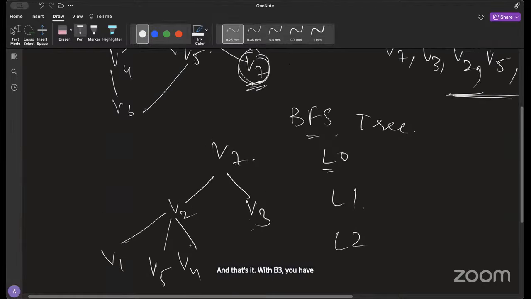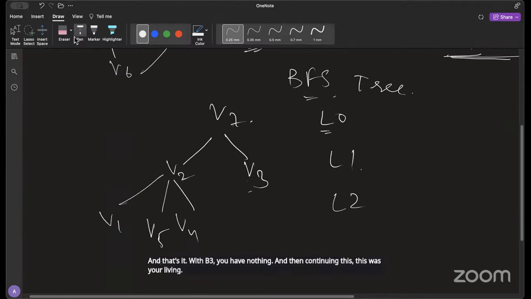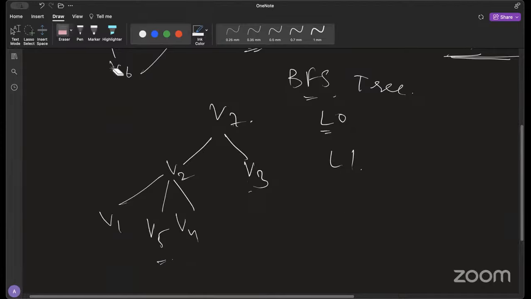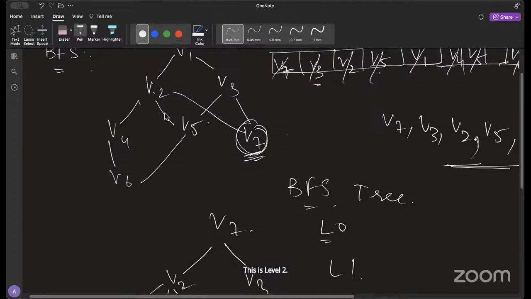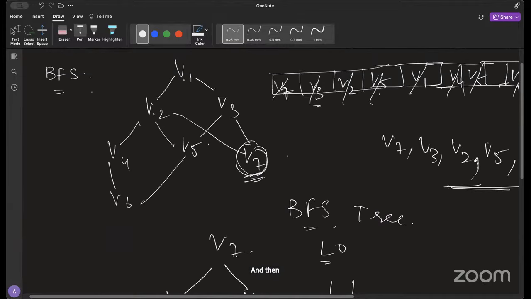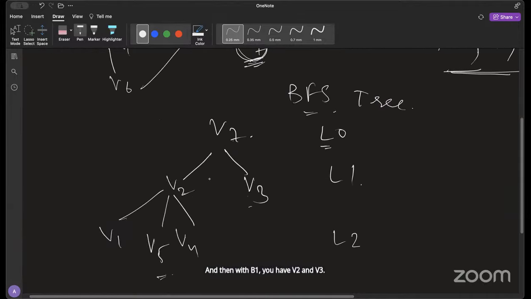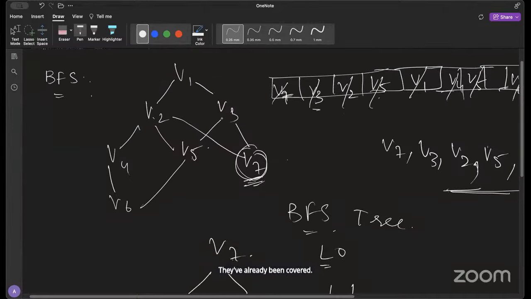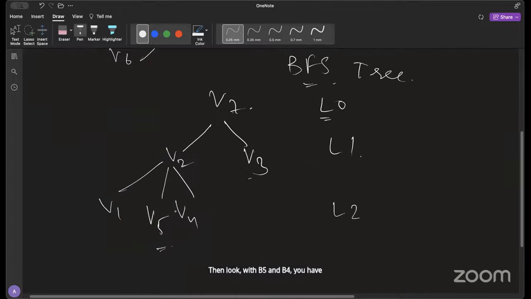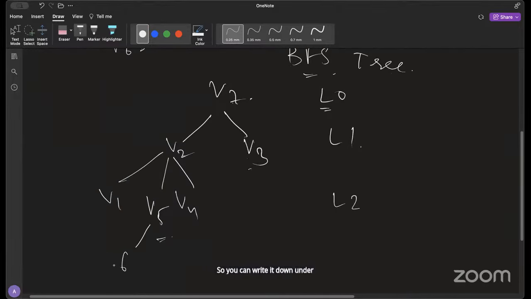And then continuing, this was your level 2. Then with V1, you have V2 and V3. They've already been covered. Then with V5 and V4, you have V6. So you can write it down under one of these.